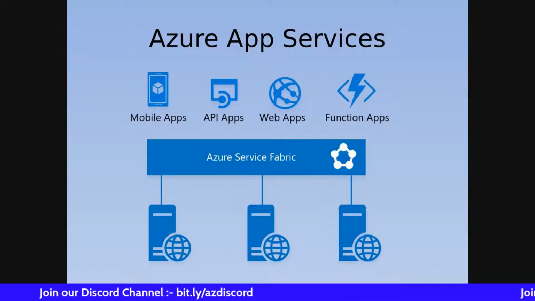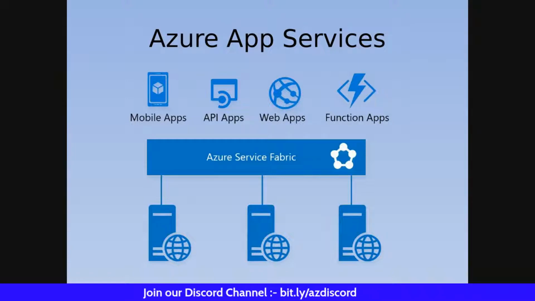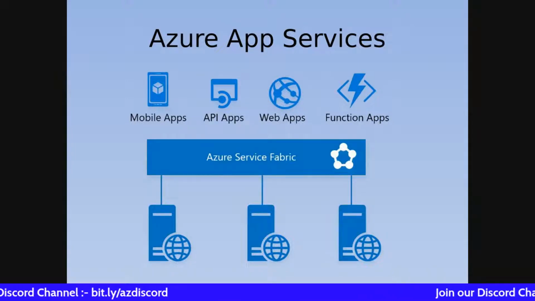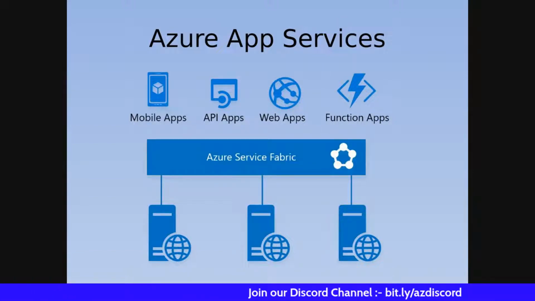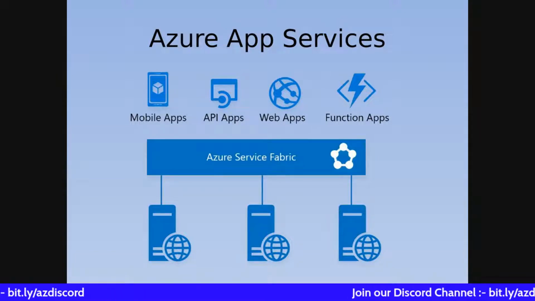Applications can run and scale with ease on both Windows and Linux. App Service not only adds power to your applications, but when you're deploying an app, you need security. There is auto scaling, and you have deployment capabilities, continuous integration and continuous deployment via Azure DevOps, GitHub, and Docker Hub. So I've told you about the advantages of using App Service.